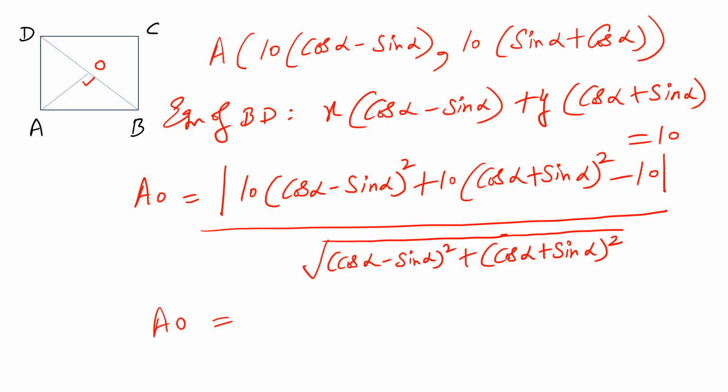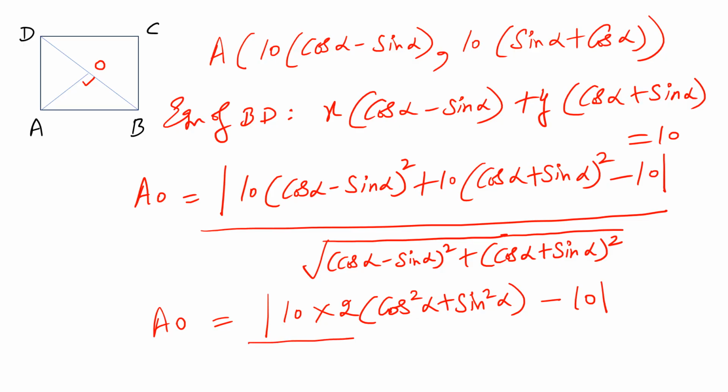You will get AO as, in the numerator you will get 10 times 2 into cos square alpha plus sin square alpha inside the bracket, and then we have minus 10, and in the denominator just apply the identity a minus b whole square plus a plus b whole square.